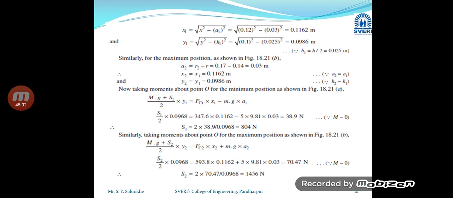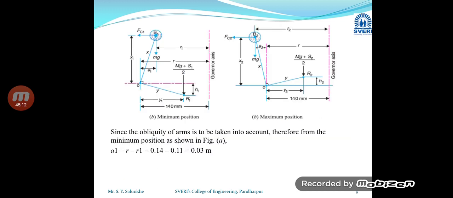Similarly, for the second case, we can take moment at point O and we can write the equation. Now let's refer to the previous slide. When we write the equation of motion, that is nothing but taking the moment at point O of various forces. First of all, the force acting is (mg + S2) multiplied by its distance y2, which is making positive moment.